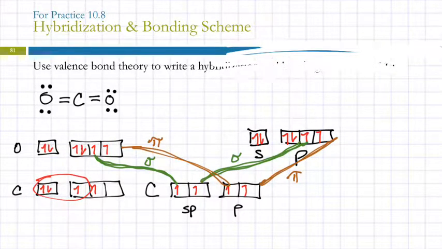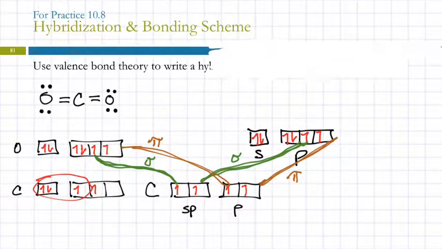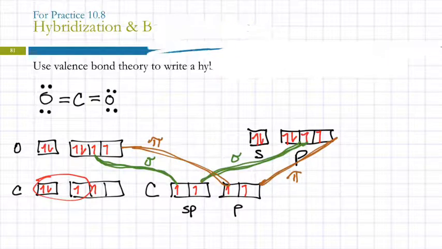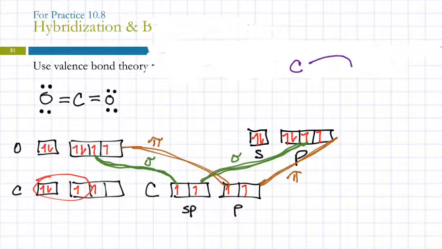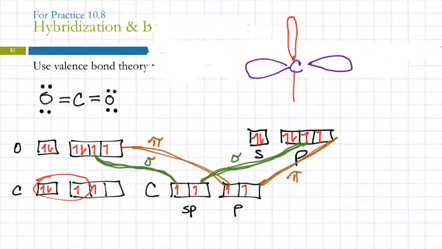I'm going to draw this one. Need some space. Okay, so here's the carbon. There's one sp hybrid orbital, and there's the other sp hybrid orbital. It also has an unhybridized p orbital and an unhybridized p orbital. And then I have oxygen.